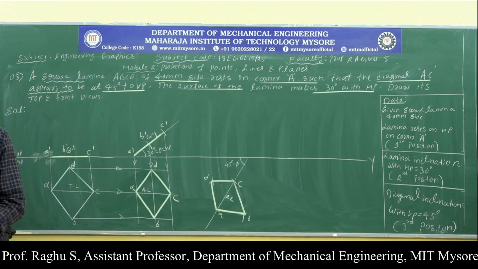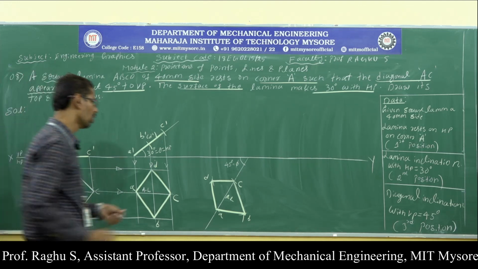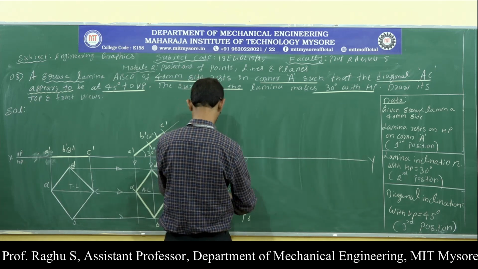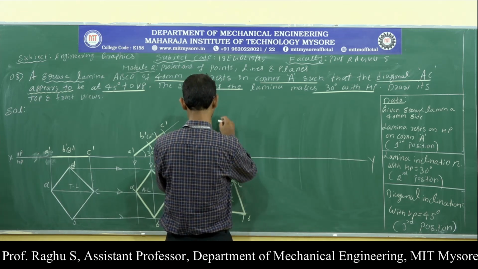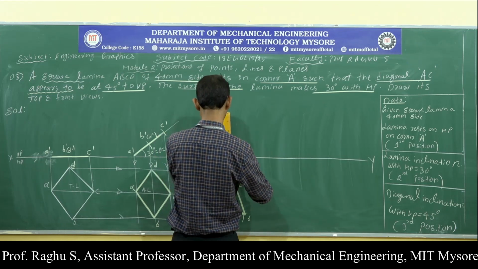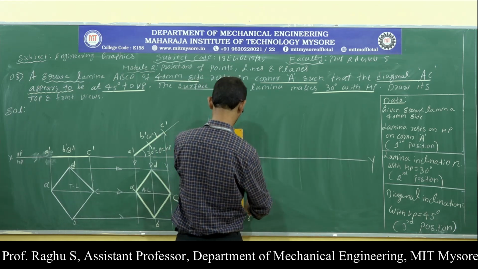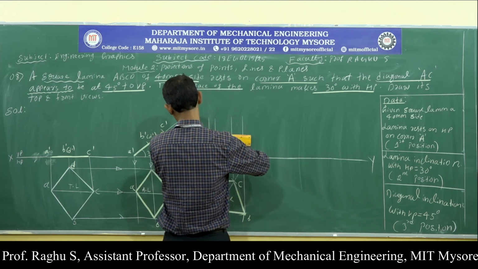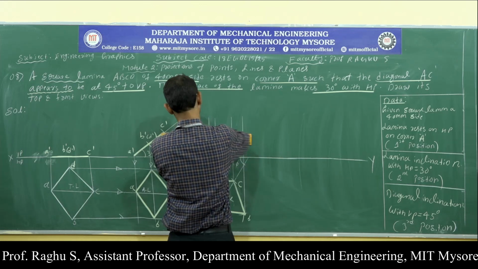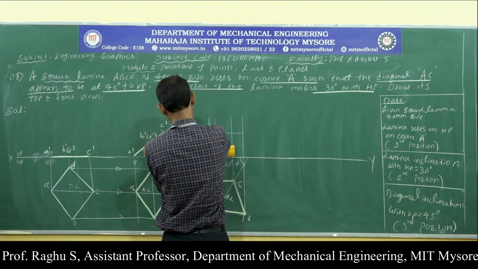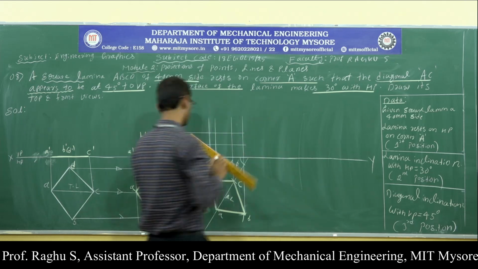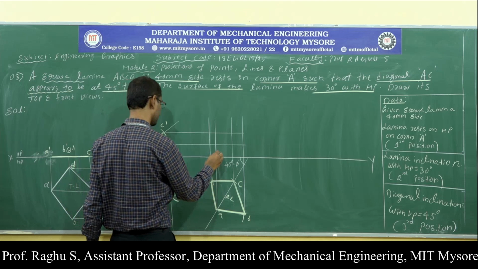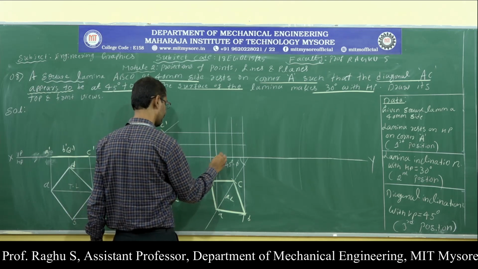Now to get the final view, draw upward projections. Now draw horizontal projections. Now do the naming here. Vertical projection of point A, horizontal projection of point A dash.